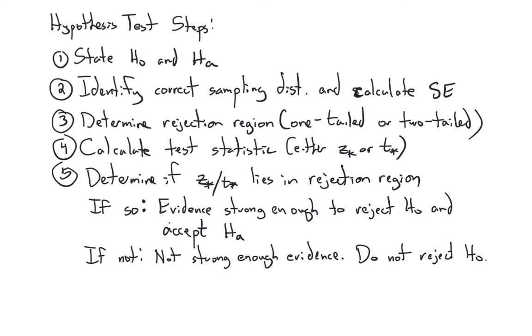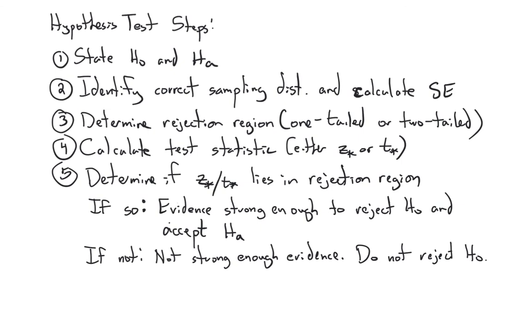So when we were performing that hypothesis test, what did we do? The first thing we did is we stated what the null hypothesis and the alternative hypothesis were. The next thing we did is we had to identify the correct sampling distribution.